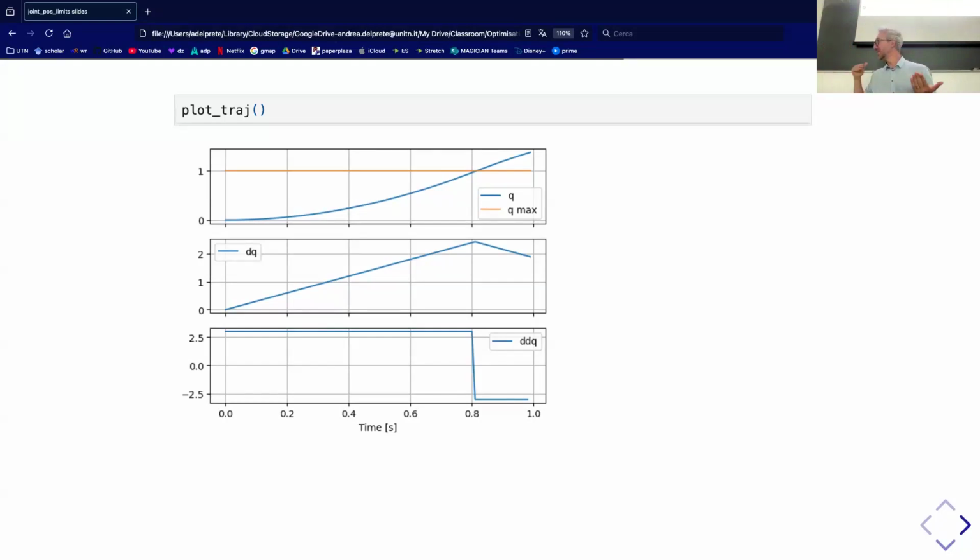You cannot wait until you are at 1 centimeter from the wall to start braking, unless you have a very, very powerful brake, which in this case was not available. So you need to basically predict in advance when you're going to hit the wall and start braking early enough.